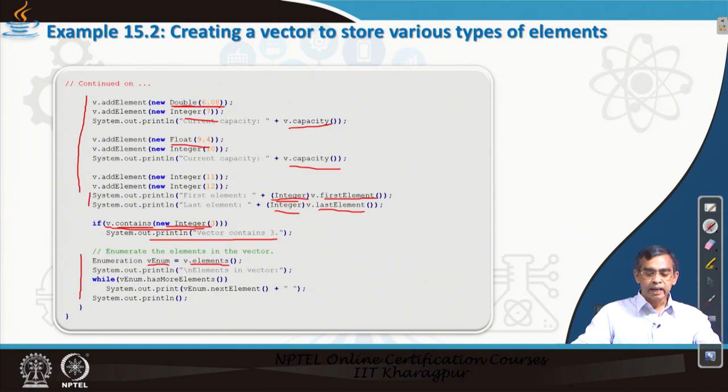V.elements() indicates that it is an enumerator, that means I want to enumerate each element in the vector, and then it goes on printing the elements. Basically it is scanning one after another. With hasMoreElements, it starts from the beginning and goes to the next and so on, and it will print the elements actually.